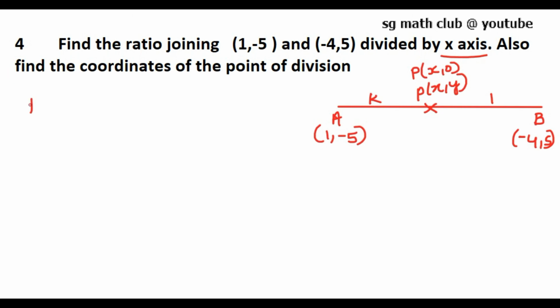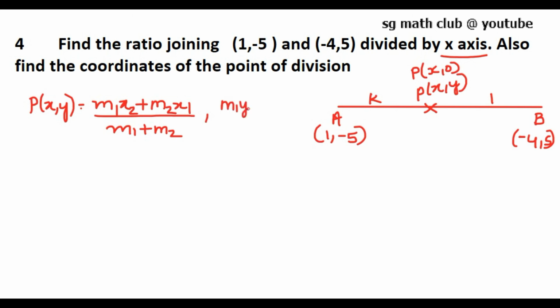So we'll write now the section formula. (x, y) is equal to (m1x2 plus m2x1) divided by (m1 plus m2), and (m1y2 plus m2y1) divided by (m1 plus m2).